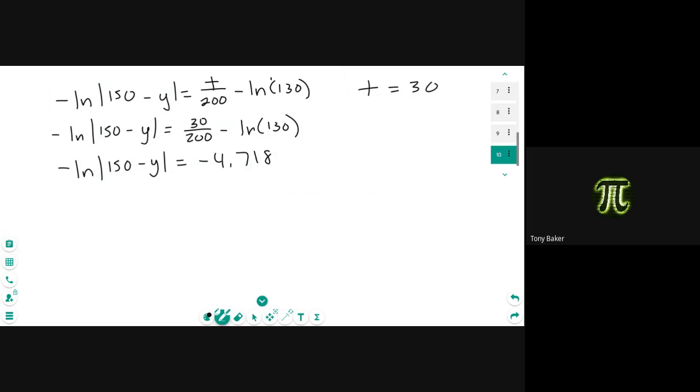And then we take our, yes, now I've got to do, well, I got a negative sign first. I've got to get rid of that. Right, because there's negatives on both sides, so I can get rid of my negative signs. Now I've got to do e to both sides. So I've got 150 minus Y equals e to the 4.718.